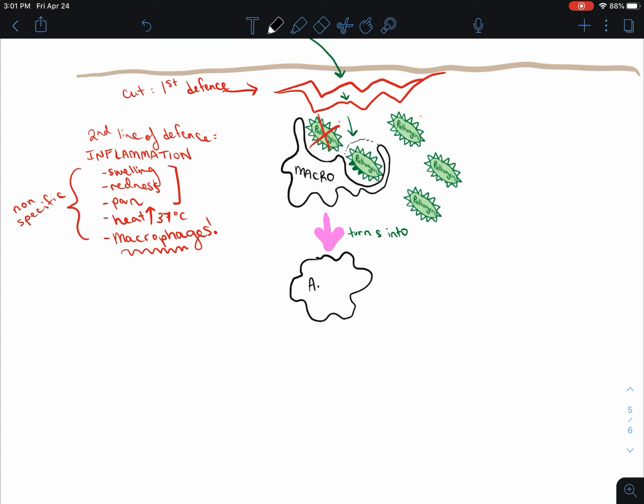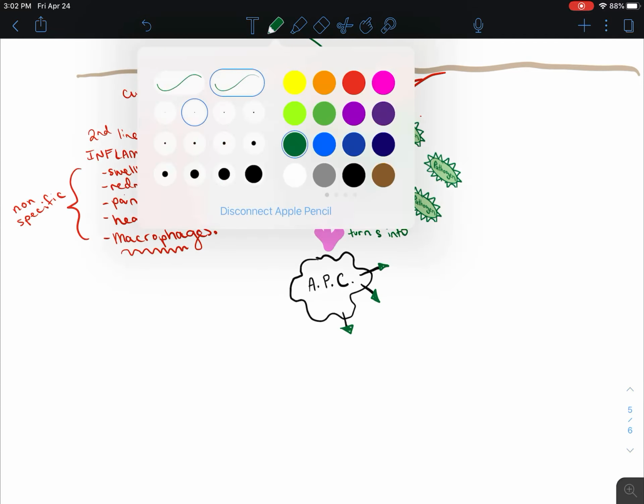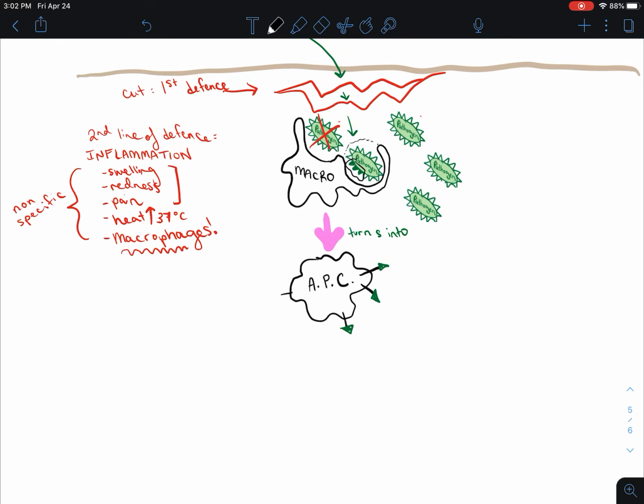He turns into an antigen presenting cell, which we often call APC for short. So remember these antigens that he saved from the pathogen. The antigen presenting cell is going to push them out to the surface and present them kind of like a little flag to show the rest of the immune system what we're looking for.